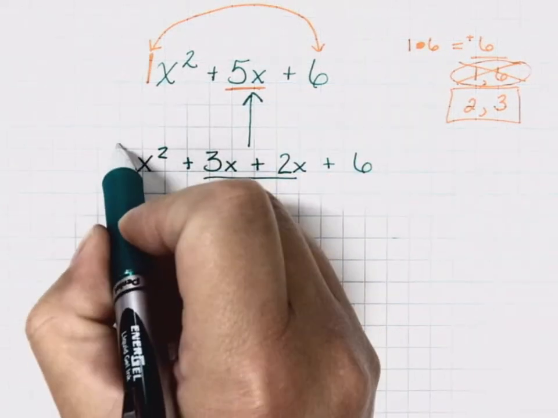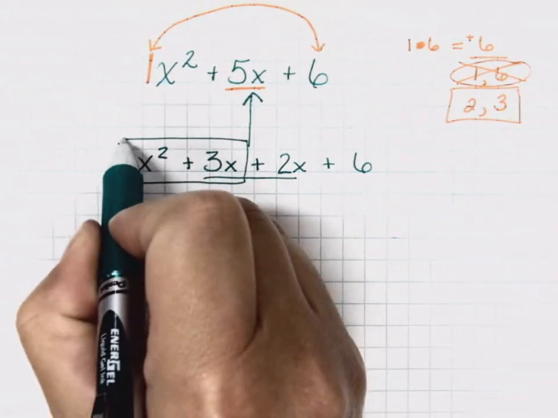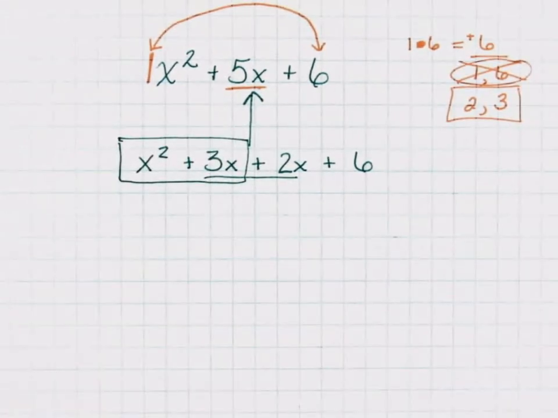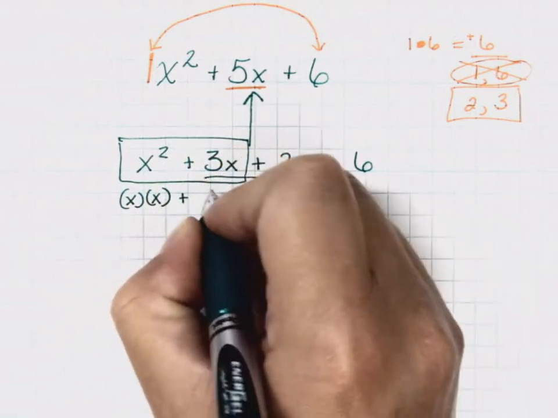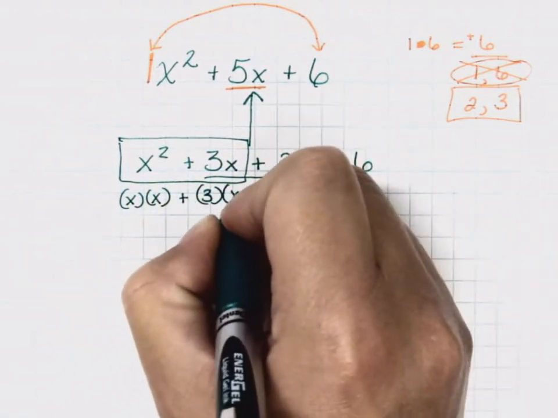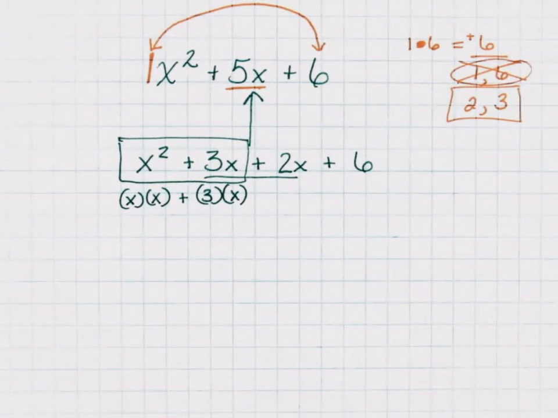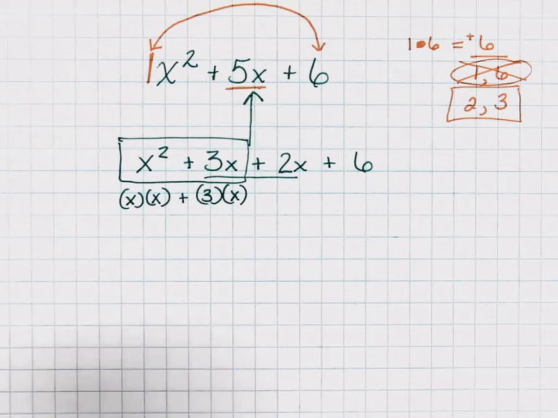Okay, then we look at the first 2 terms, and we're going to common factor them. So we have x times x plus 3 times x. So what am I going to take out of there? What's common between those 2 terms? X. Beautiful.